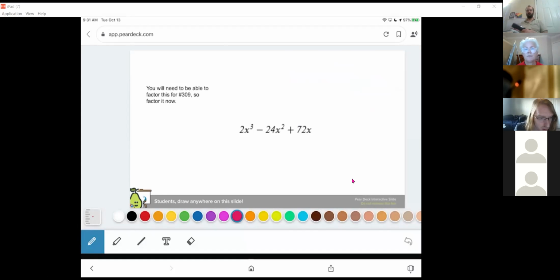And always remember, what is the first step? The first step when you're factoring anything, look for the GCF.